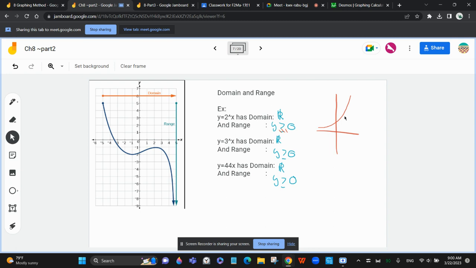Okay, yeah. And the same goes for 3 to the power x. It will not go to 0. You will never get to 0, but you're going closer and closer to 0.